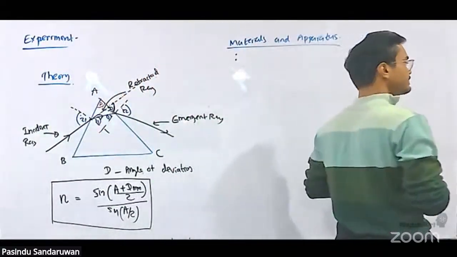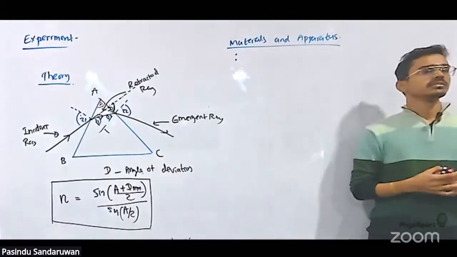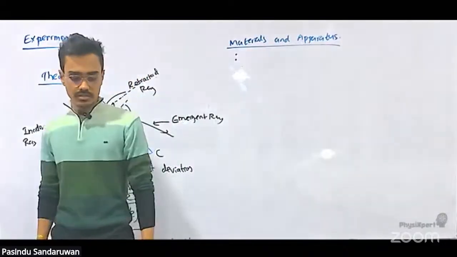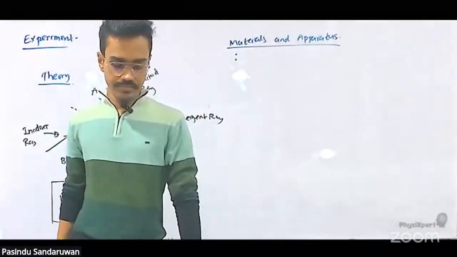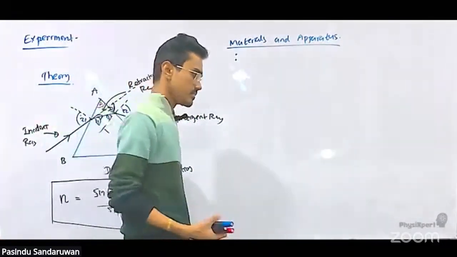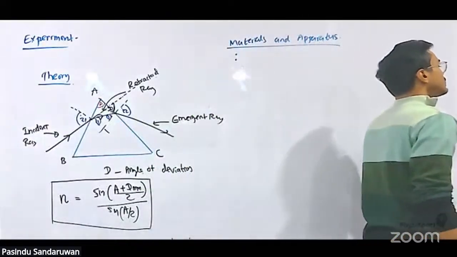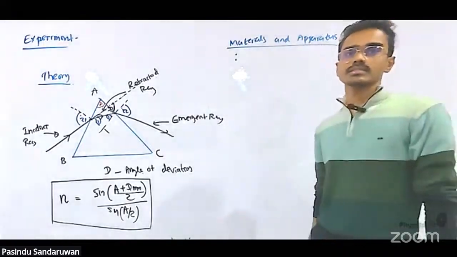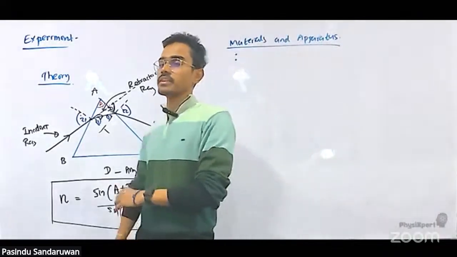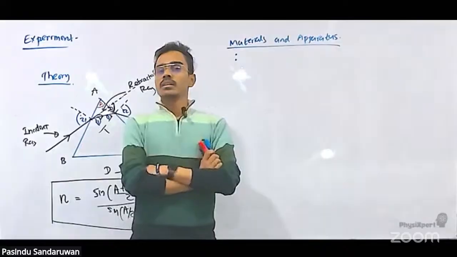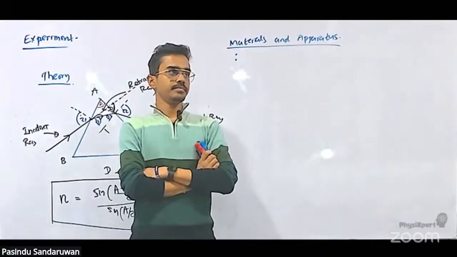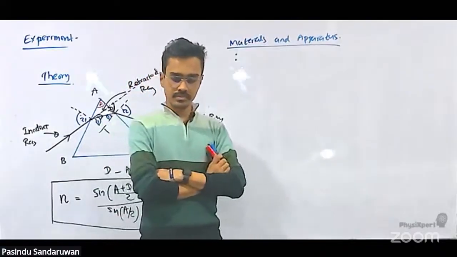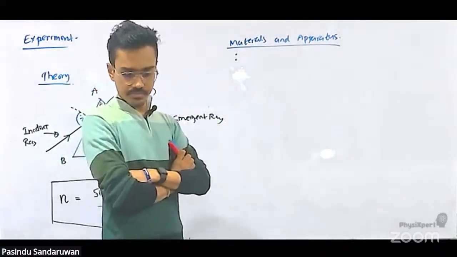Second one: a drawing board. Then drawing pins. Next one: an equilateral prism.